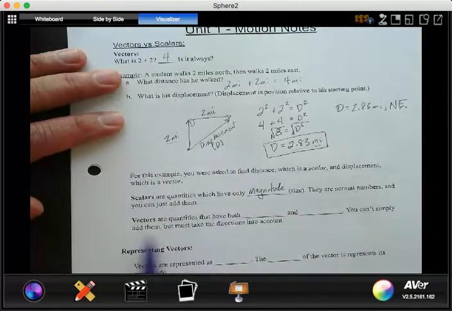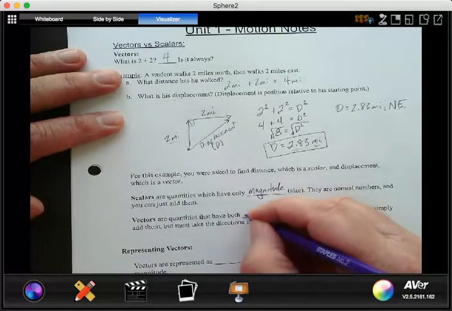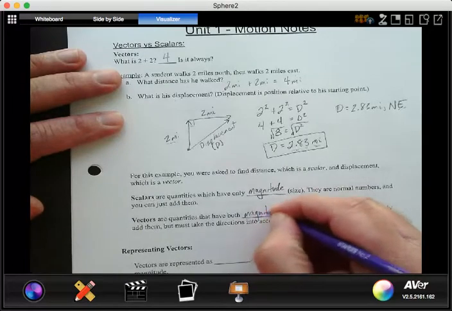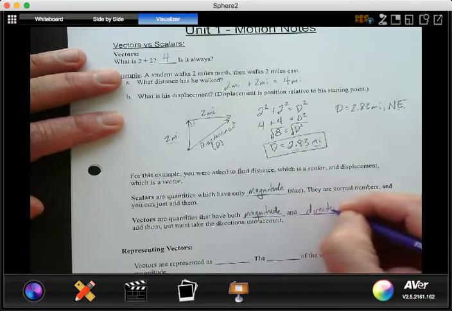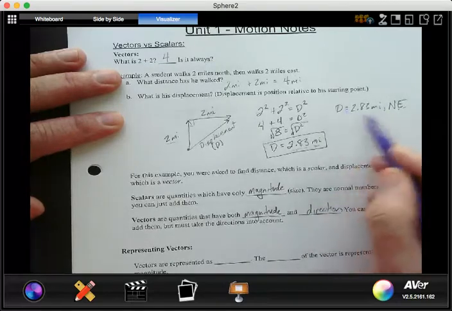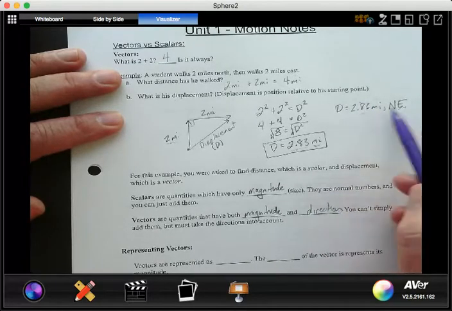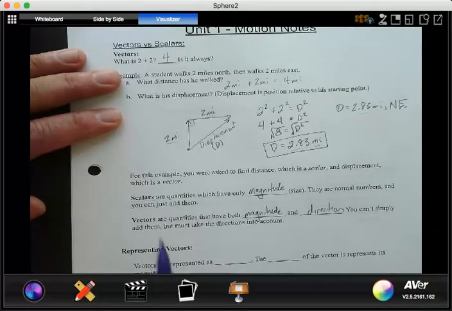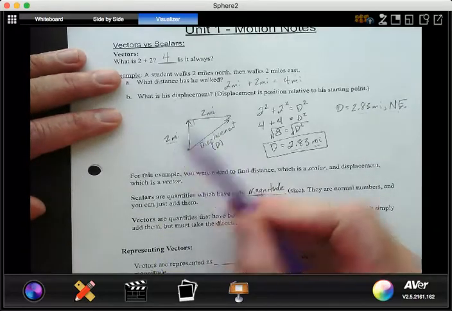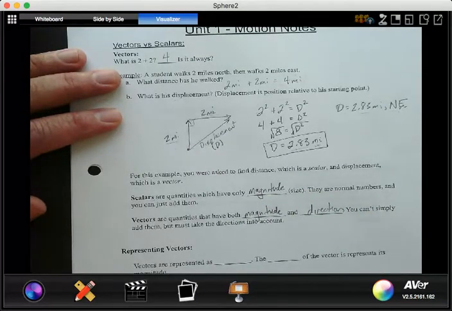Now, displacement is what's called a vector. They have both magnitude and direction. So the magnitude of this is 2.83 miles, and the direction is northeast. You have to have both of those. And when we're dealing with vectors, we can't just add the numbers. I can't just say 2 plus 2 is 4.